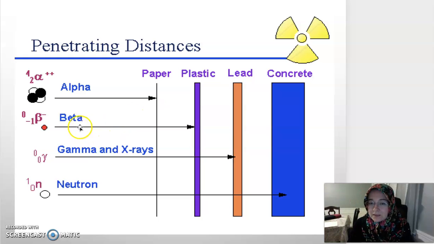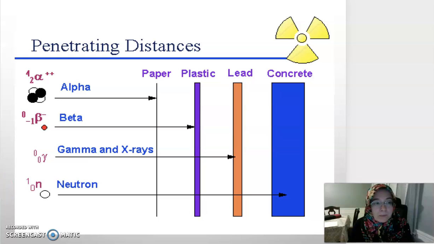If it is beta decay, you need something a little bit thicker than paper, like a thick plastic. If it is gamma and X-ray, this time you need a lead wall. If it is neutron particles, you need thick concrete. That is why nuclear plants have thick concrete.